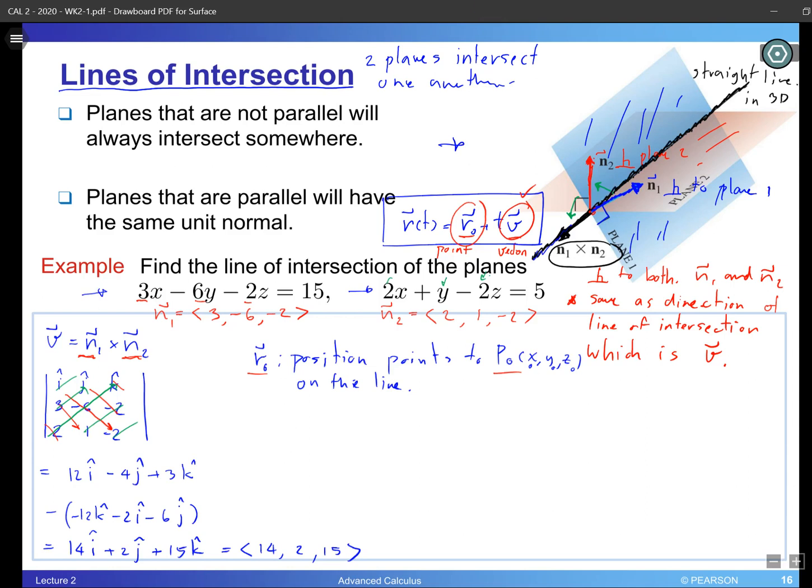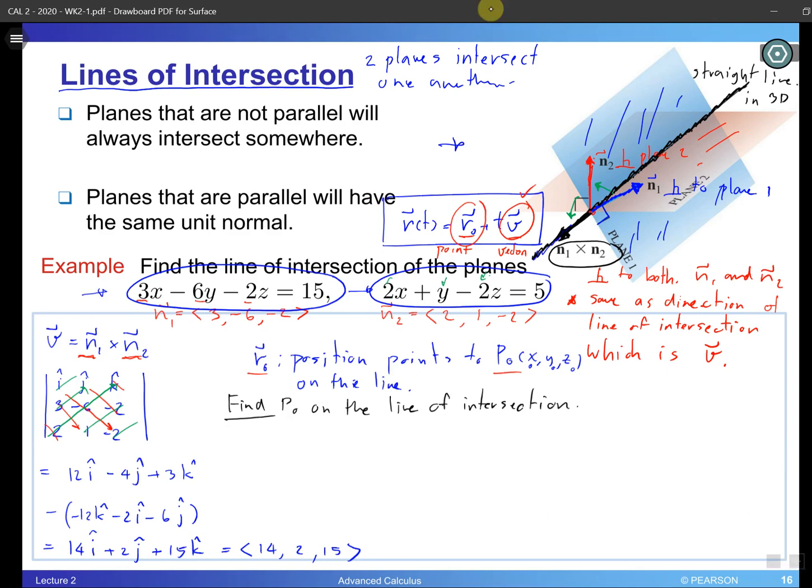So let's find it by using the equations that we have. We are supposed to match these equations and find a point that is shared on both planes. So here's how it's done. Make a note: find P0 on the line of intersection. The first thing I'm going to do is reduce the variables by 1.